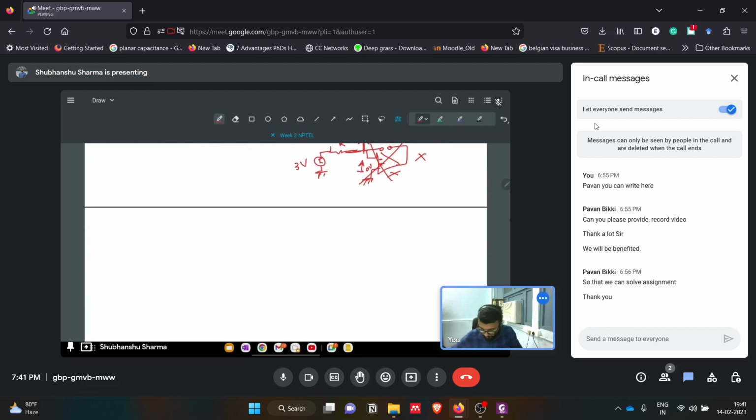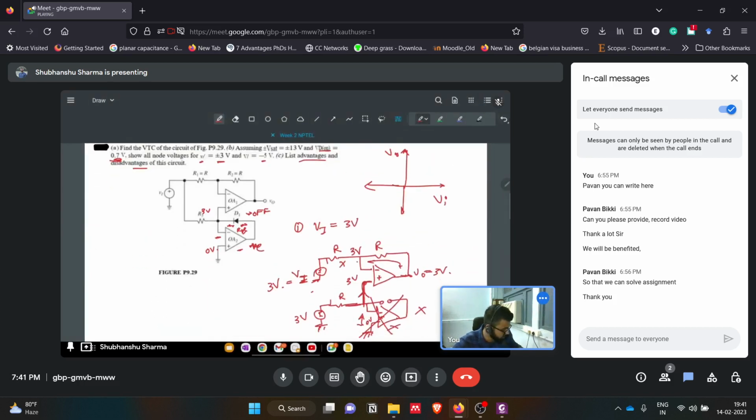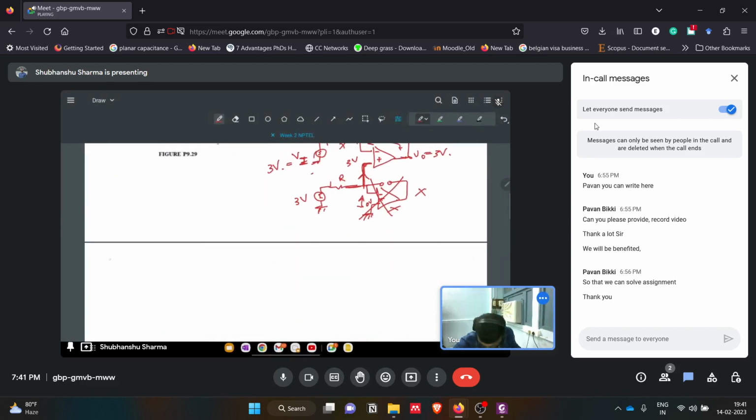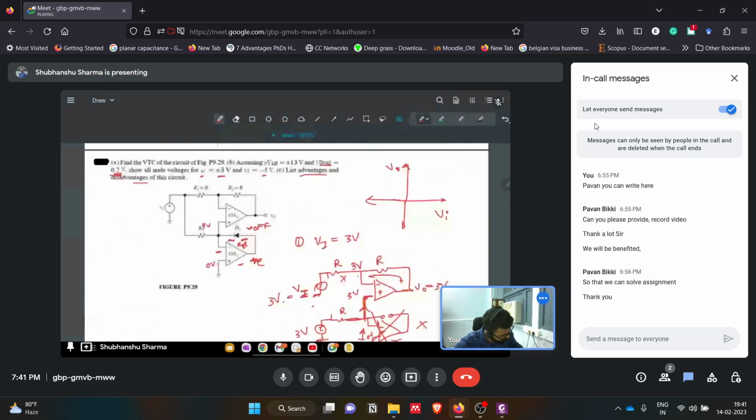Then we have in our question minus 3 volts also. What will be the case? So VI equals minus 3 volts. How will the circuit behave? When we give minus 3 volts, first we'll analyze how D1 is acting.